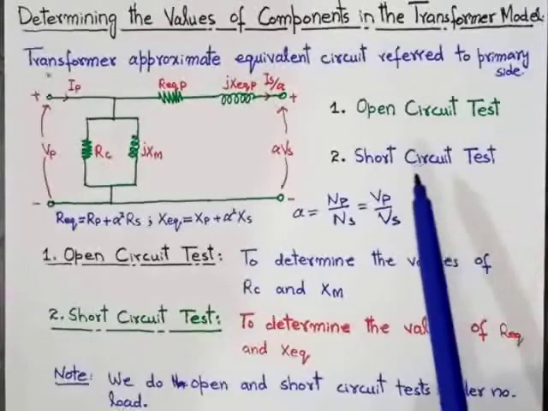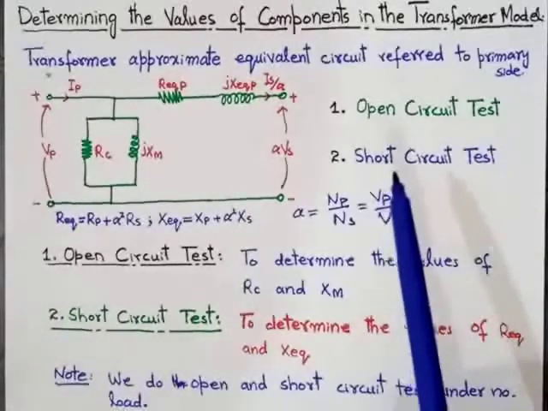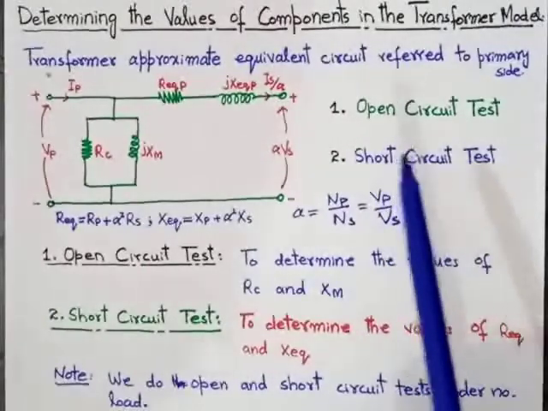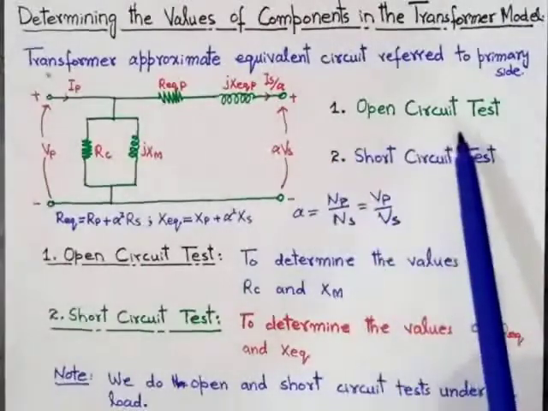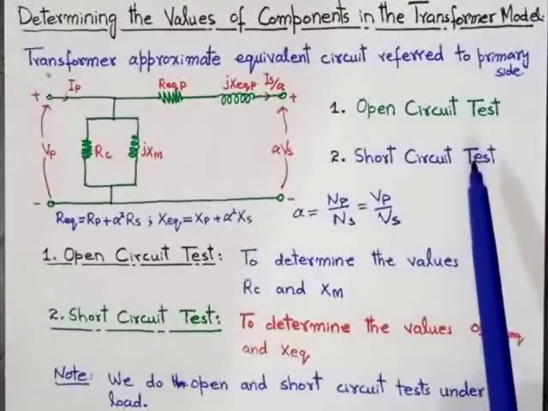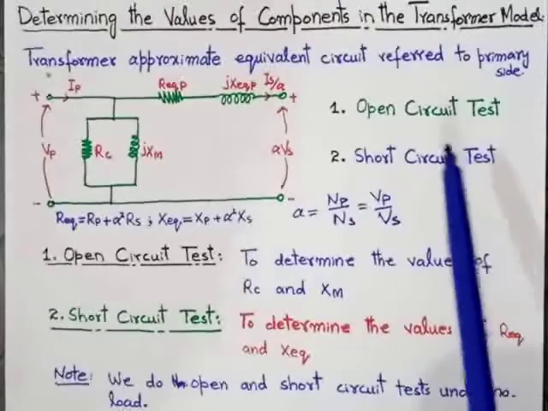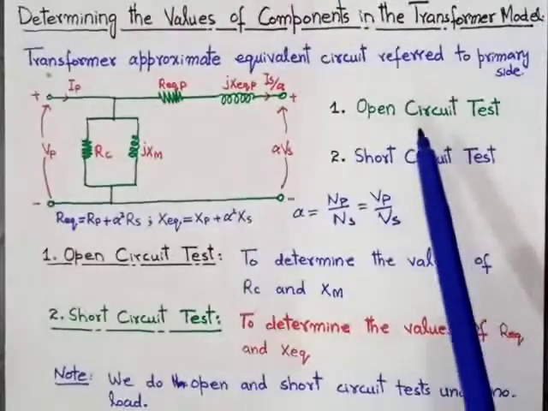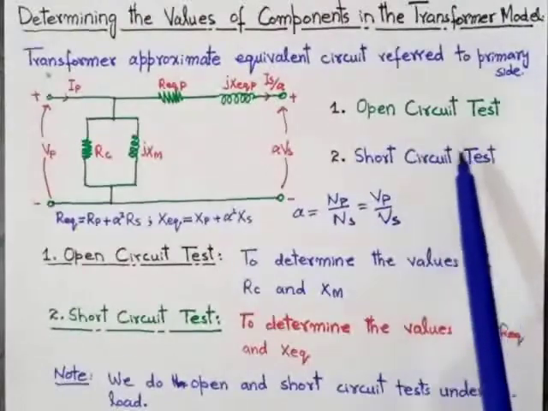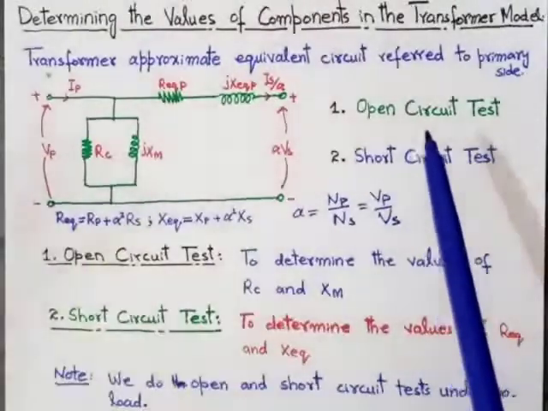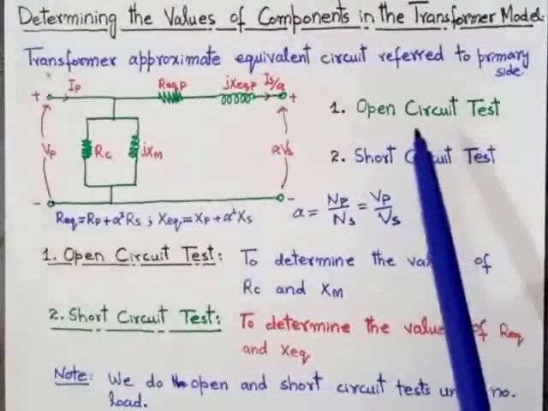That is, when there is no load connected across the secondary side of the transformer, then we will perform the open circuit test and short circuit test. It means when there is no external load connected across the secondary side, the power consumed in the transformer will be losses.